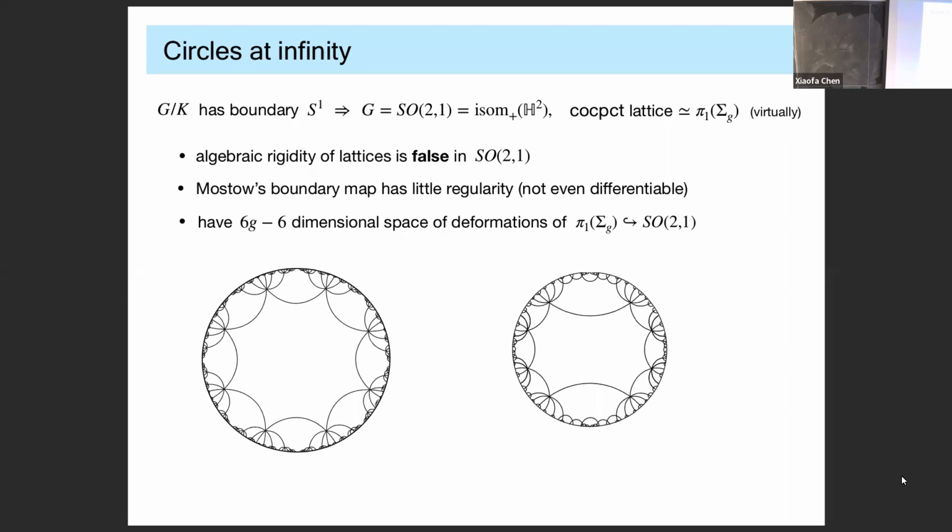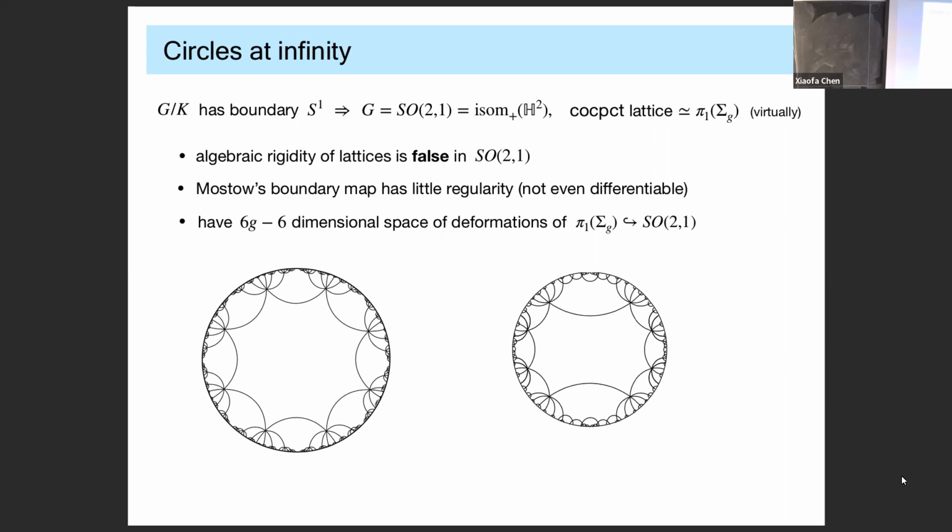What goes wrong is the end of the proof, the boundary map, the map from boundary circle to boundary circle, which you were trying to show has some regularity. Here it has no regularity. In fact, it's not differentiable at a single point with non-zero derivative.